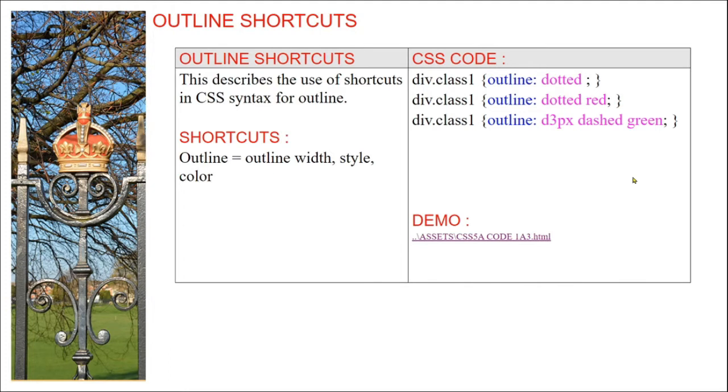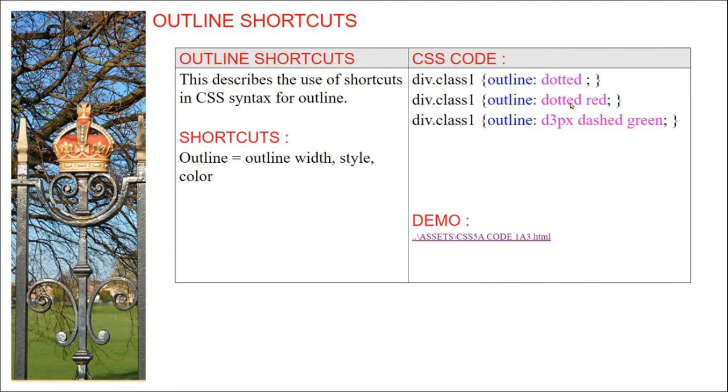Outline shortcuts. This describes the use of shortcuts in CSS syntax for outline. A shortcut is just an abbreviation, a shorter format for writing the same command, and it just saves space. For example, instead of having outline width, style, and color, we can just have outline colon and dotted, so that's just outline style.